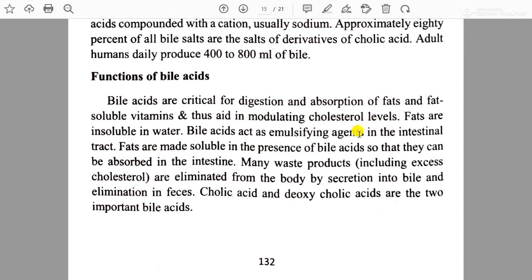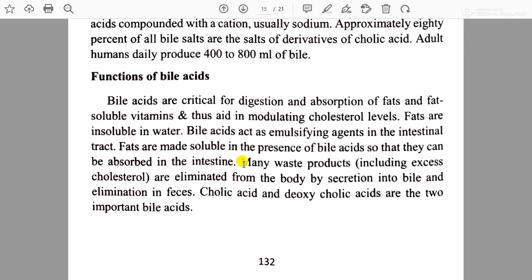Fats are insoluble in water, and bile acids act as an emulsifying agent in the intestinal tract. Thus they help to absorb the fat soluble vitamins. Fats are made soluble in the presence of bile acids so that they can be absorbed in the intestine.